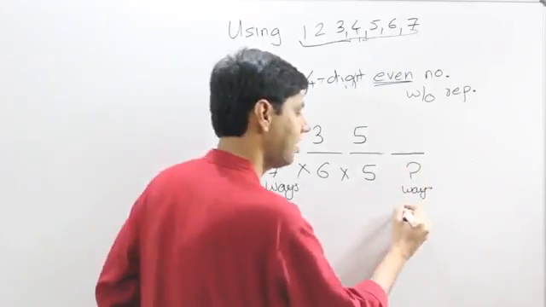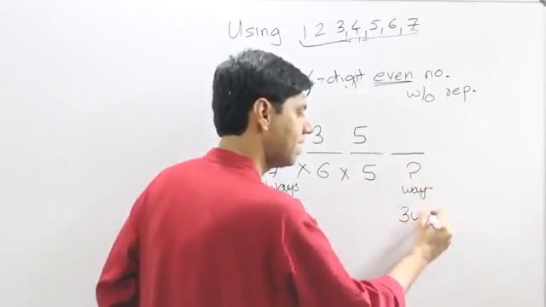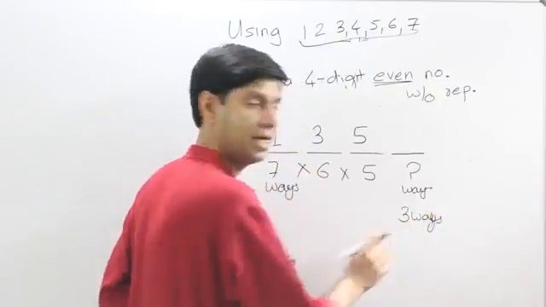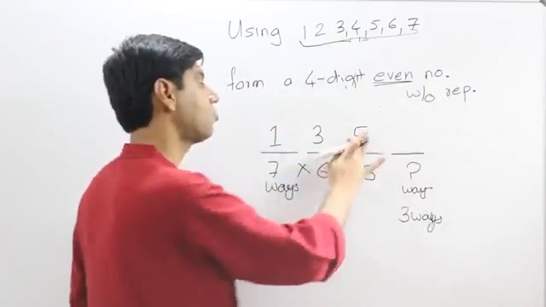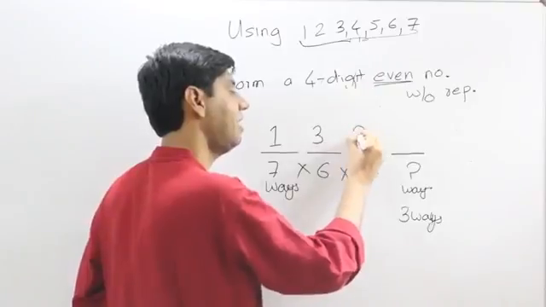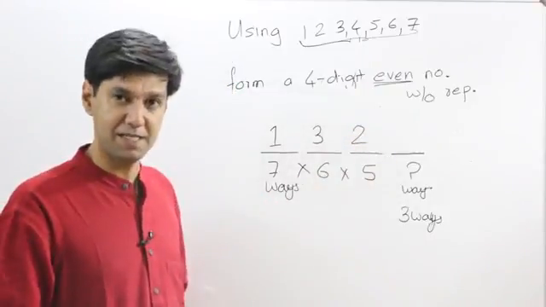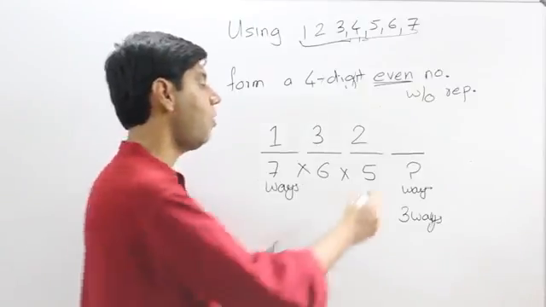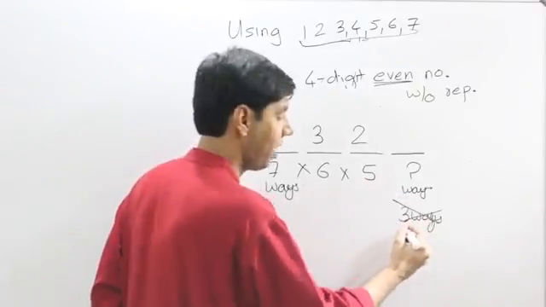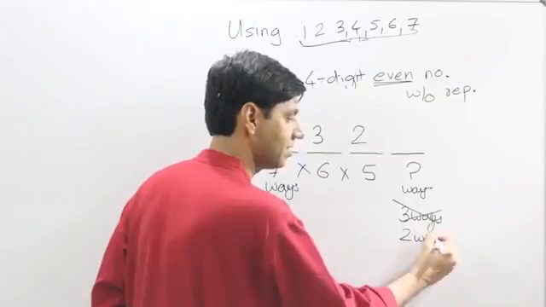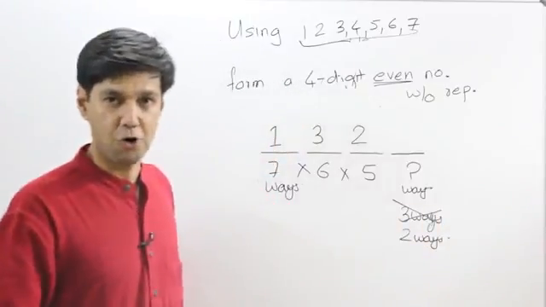So this would be 3 ways. But is this always the case? No, it is quite possible that I might have filled in an even digit in these 3 places as well. So now I would not have 3 ways. Now I would only be having 2 ways. That is a 4 or a 6.